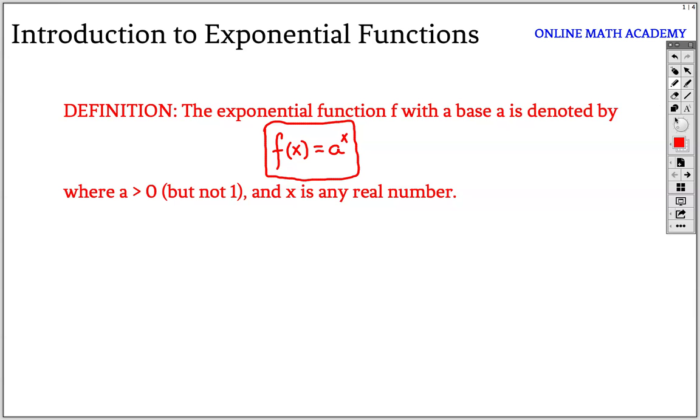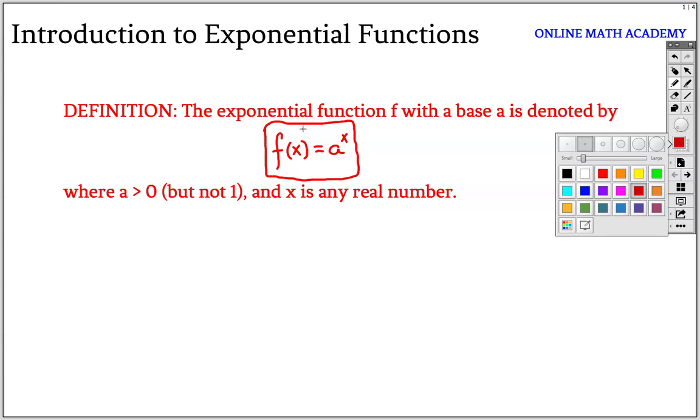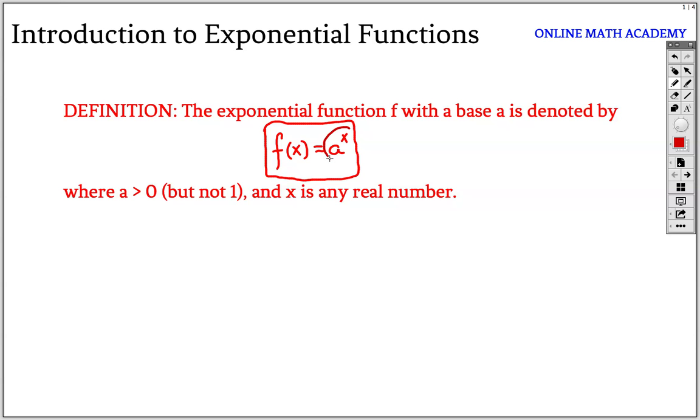Okay, so before we start talking about exponential functions, let's go back to talking about just this expression right here, a to the x. A to the x is called a power of a. The real number a there is called the base of the power, and the x is the exponent.